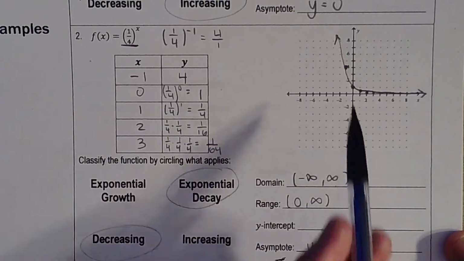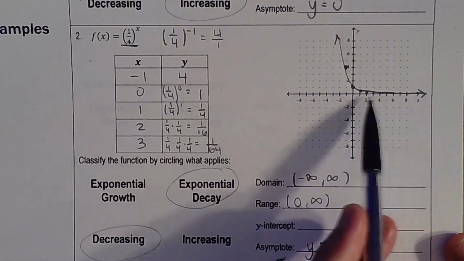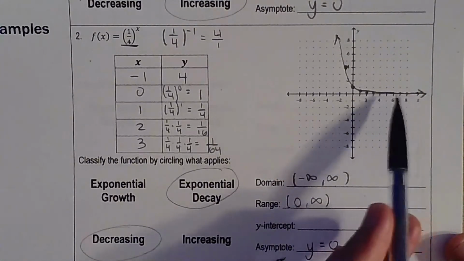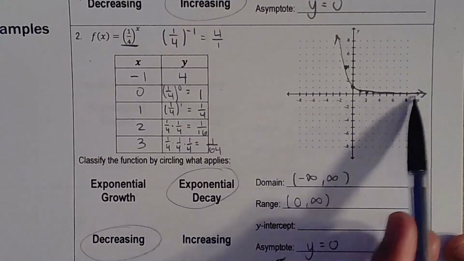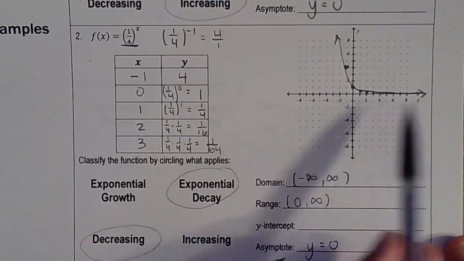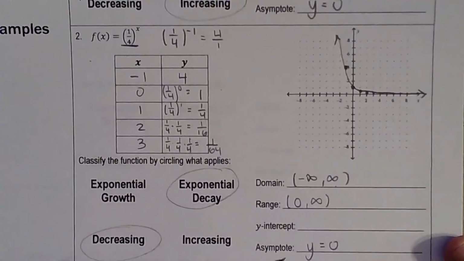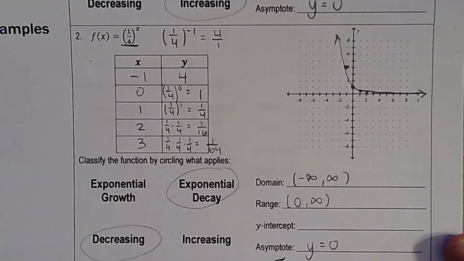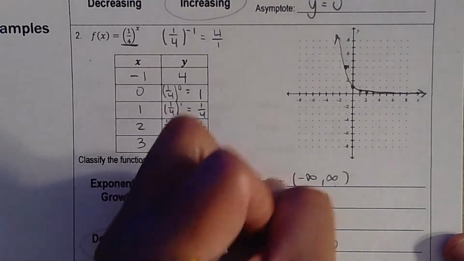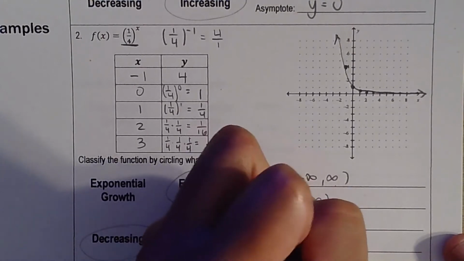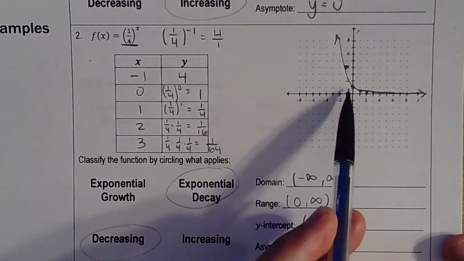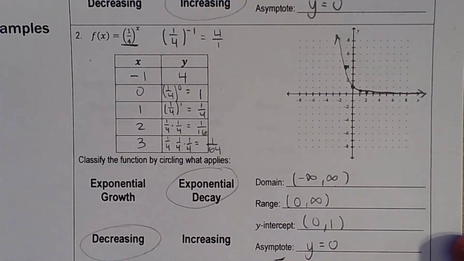This is our line where the graph looks like it touches, but it doesn't. So I know on my graph it looks like it touches 0, but technically it never does. All right, then y-intercept, that's just going to be 0, comma 1, right there.